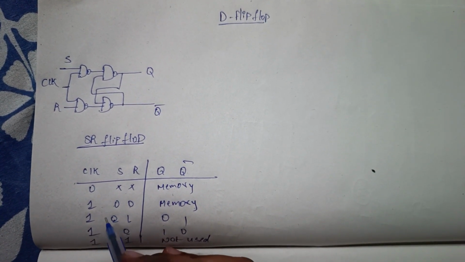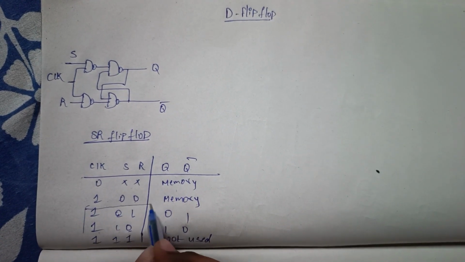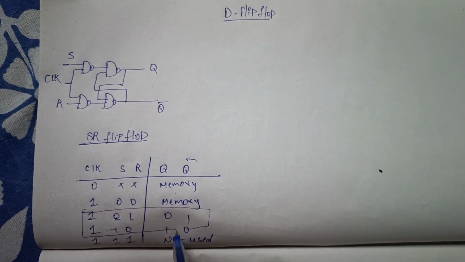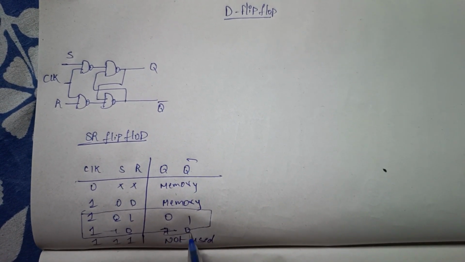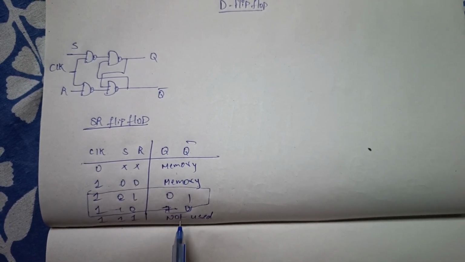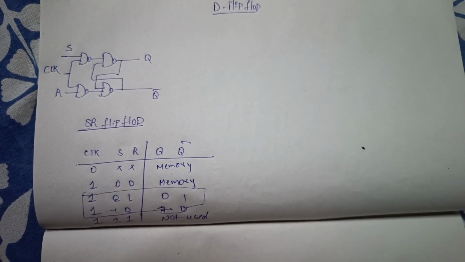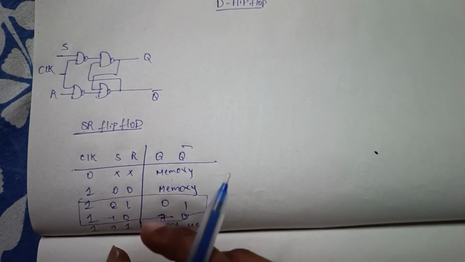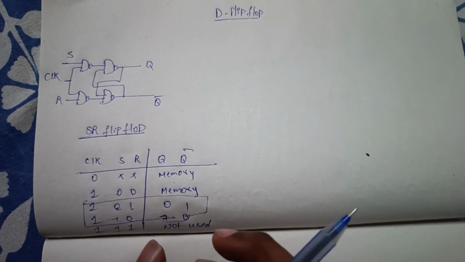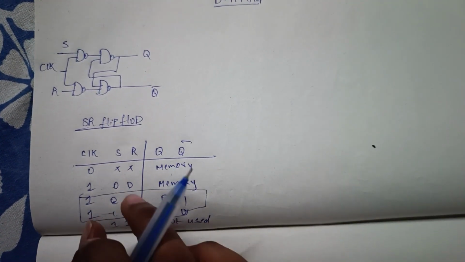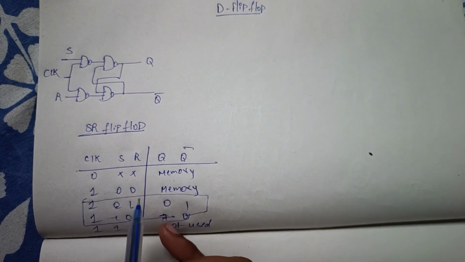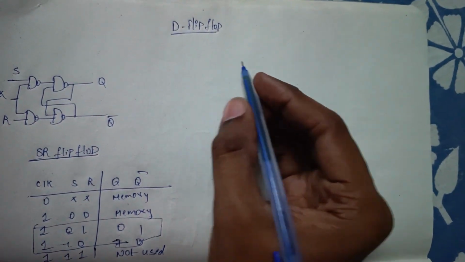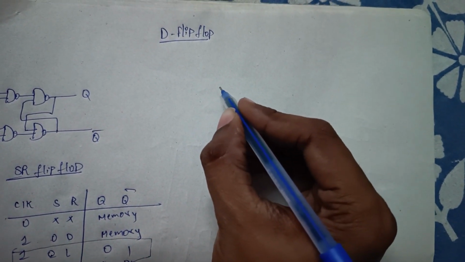You can ignore the other cases because 1 is not used, meaning the state is not useful for our condition, and 0 is nothing but the memory. So the main conditions of the SR flip-flop are these, and here the S and R inputs are different. So we can modify these connections.